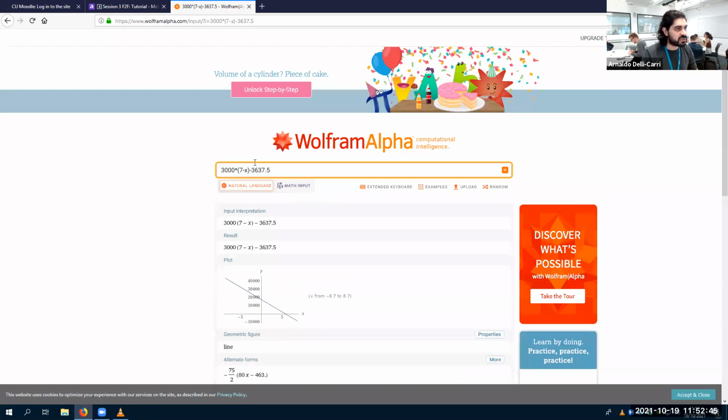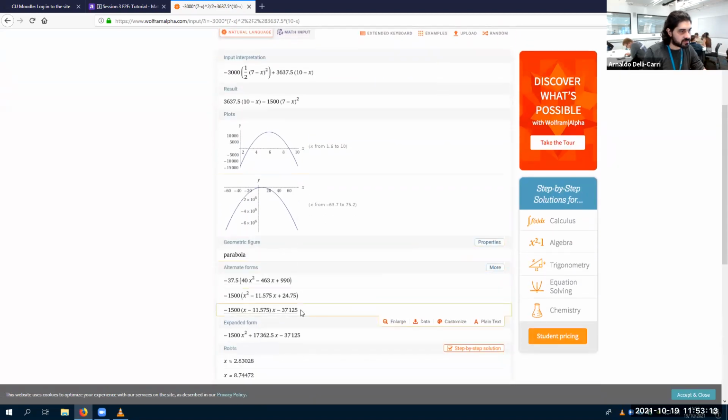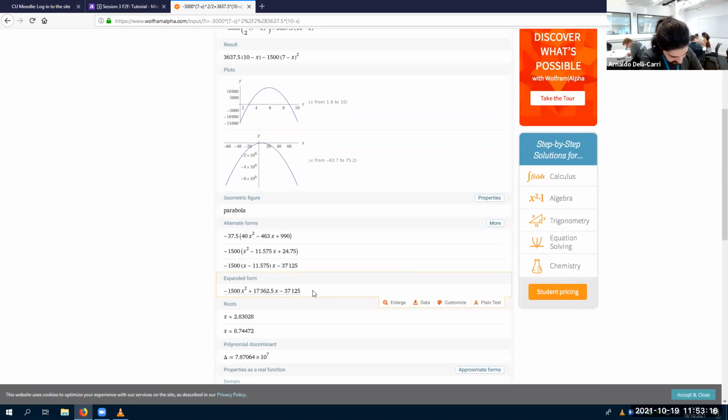And for this one, if I do this squared divided by 2, this is negative, this divided by 2, and plus by times 10 minus x, I get this thing, which is minus 17,362.5 plus minus 37,125. See, 17,000 was correct.